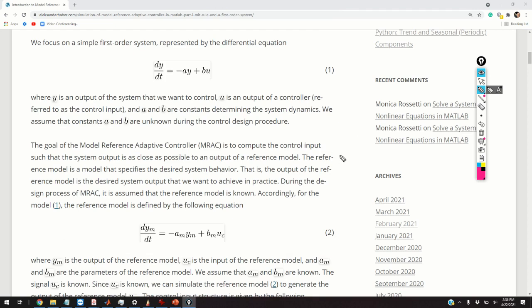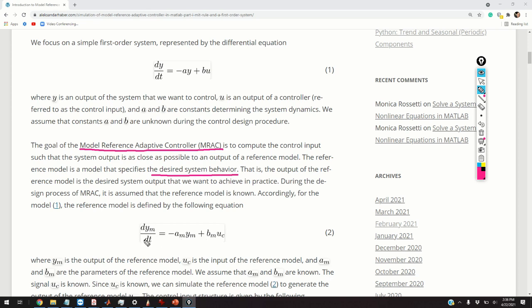Now, the goal of the model reference adaptive controller, MRAC, is to compute a control input such that the system output is as close as possible to an output of a reference model. Now, what is a reference model? The reference model is the model that specifies the desired system behavior.